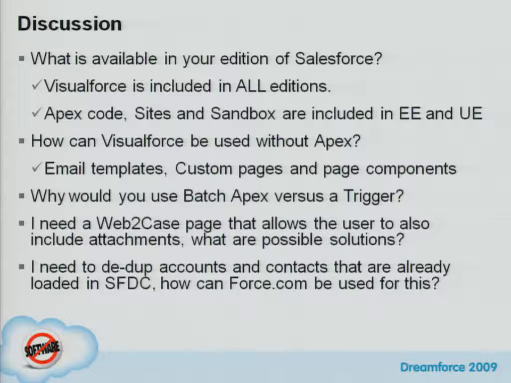Batch Apex doesn't happen during the transaction, unlike a trigger, which applies custom logic as part of the transaction to insert or update something in the database. Batch Apex happens outside of that transaction. So as part of Data Loader, you could have a trigger that marks records that need to be processed, and then have batch Apex come back later, scroll through, and in the query say, give me all the records that need to be processed, and do whatever you want to.